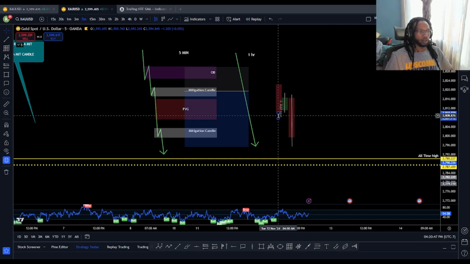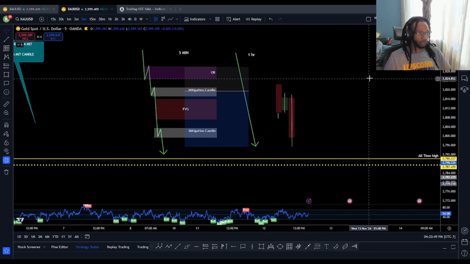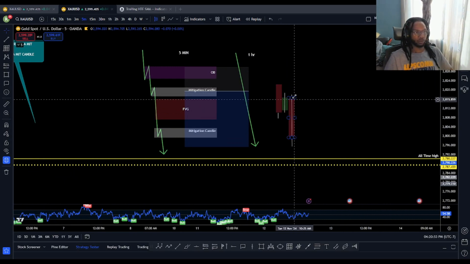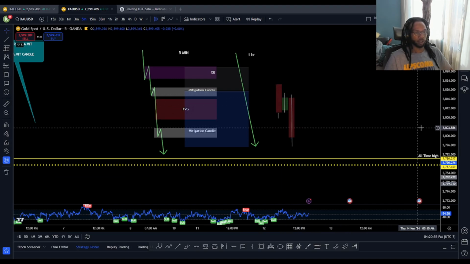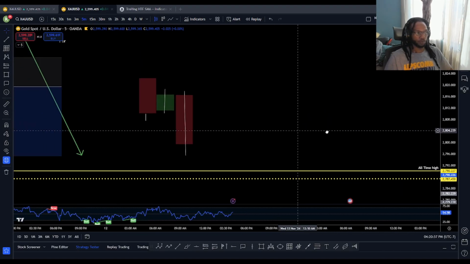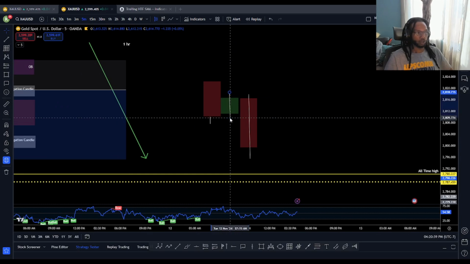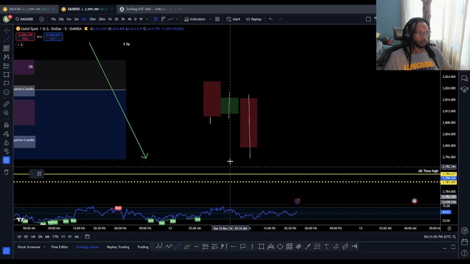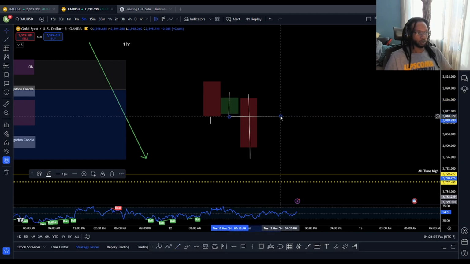But anyways, so basically with the mitigation candle, say I'm going to try to enter off of this green, beautiful candle right here, level one is going to end up being the wicks before the body. All right. That's going to end up being level one.